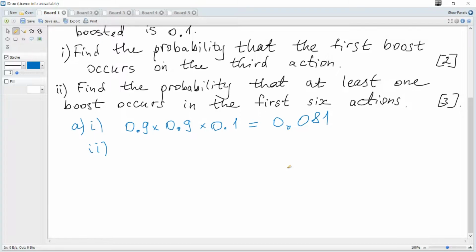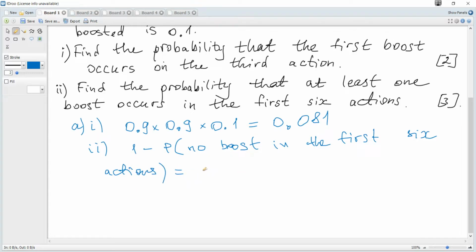The next, find the probability that at least one boost occurs in the first 6 actions. At least one, what does it mean? 1, 2, 3, and so on up to 6. For such types of questions, it's easier to calculate it as 1, the total probability, minus the probability of no boost in the first 6 actions.